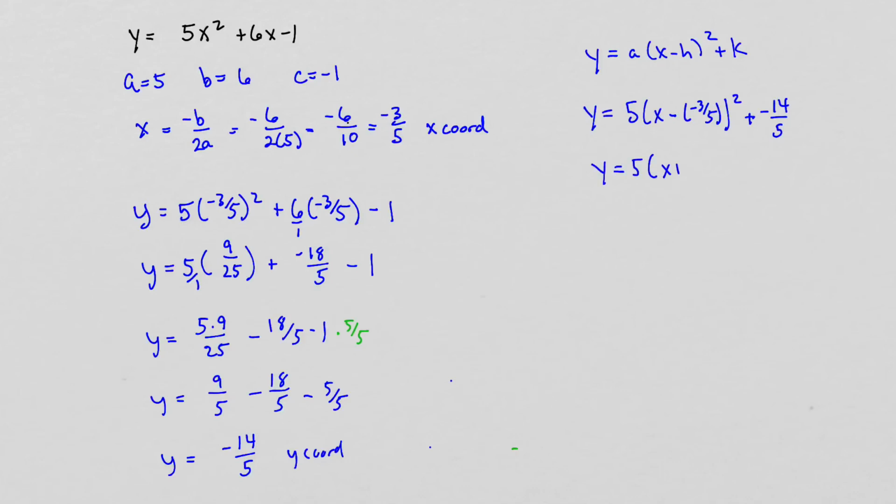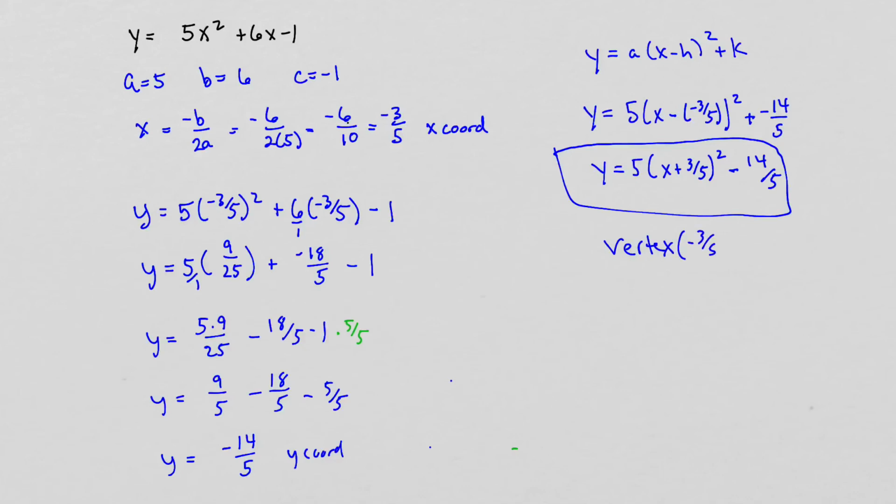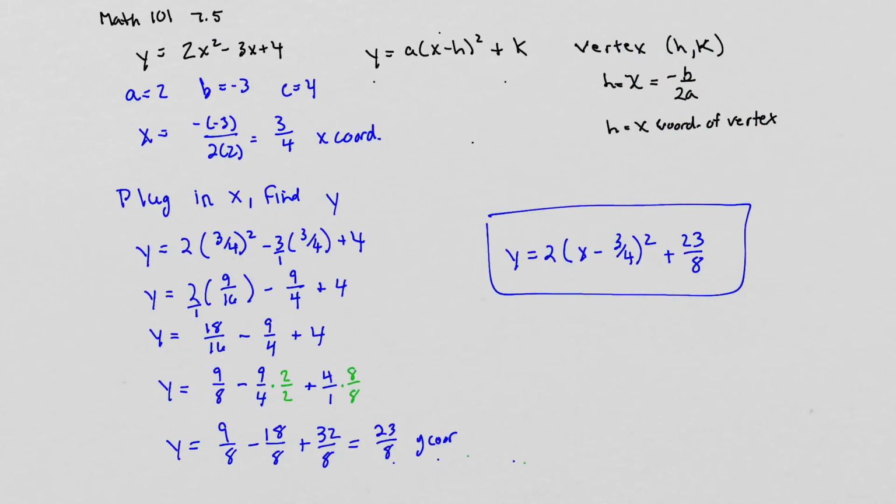So it's (x plus 3/5) in the parentheses squared minus 14/5. So now we have put the parabola into standard form where it's easy to see the vertex. The vertex is (negative 3/5, negative 14/5) here. How about on the previous problem? Here the vertex would be (positive 3/4, positive 23/8).